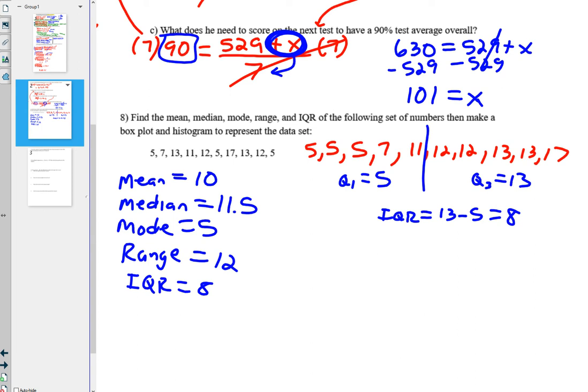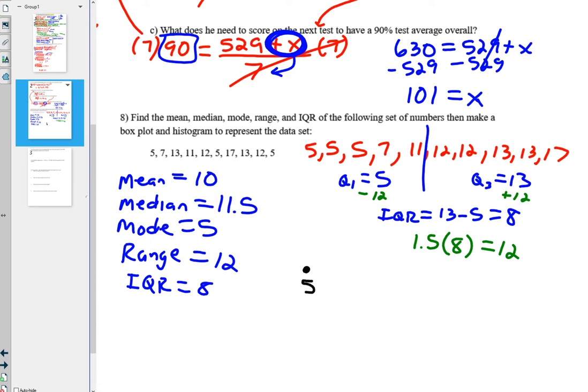Okay, so let's do the box plot. In order to do a box plot, we also need to know if there's any outliers. So for outliers, we do 1.5 times the interquartile range, and that gives me 12. So are there any numbers that are 12 less than Q1 or 12 more than Q3? Well, no, nothing is less than -7. Nothing is more than 25. So the whiskers are going to go all the way to the max and min. You guys can draw a scale if you want, but I'll just keep this pretty simple.